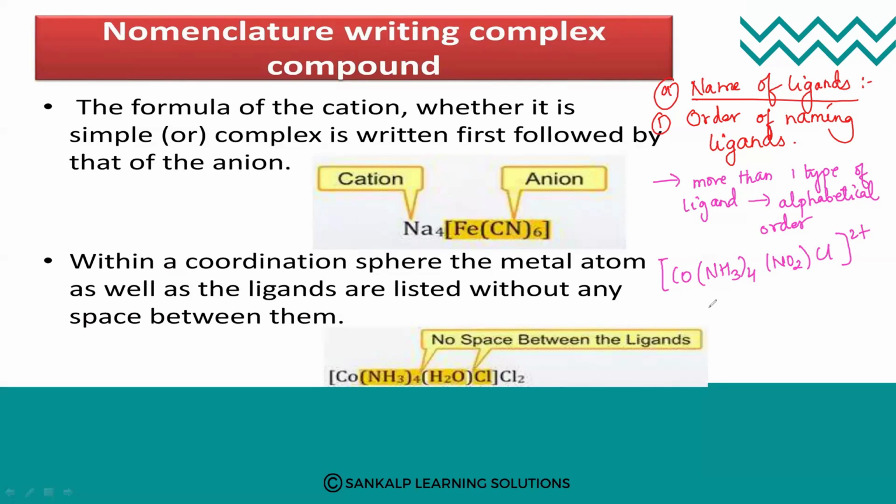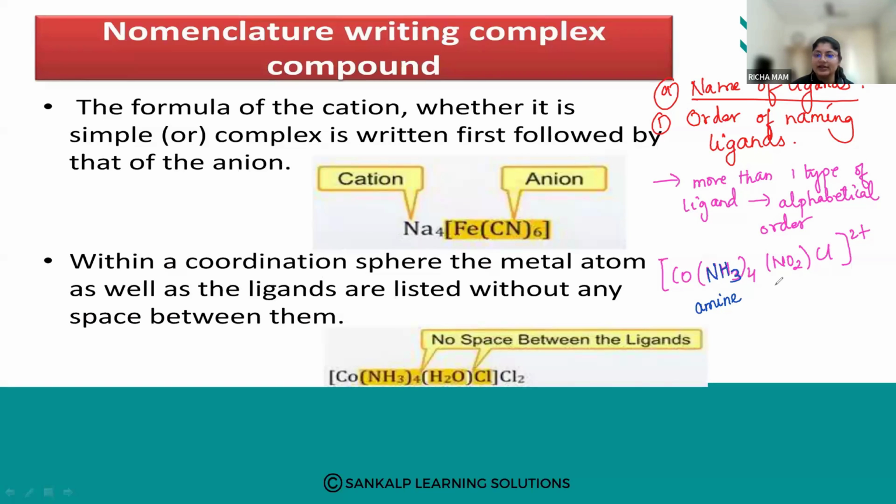Chlorine is named as chlorido. What is the name for NH3? It is not ammonia, it is ammine, AMMINE. So it is named as ammine.